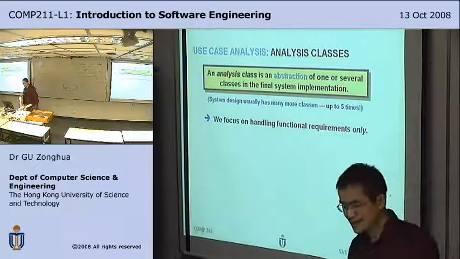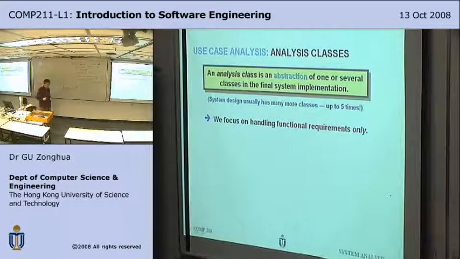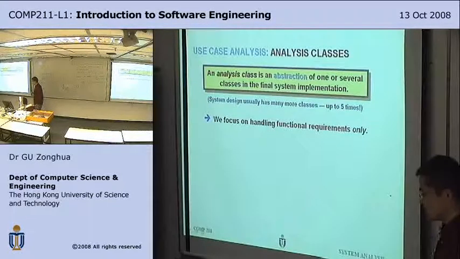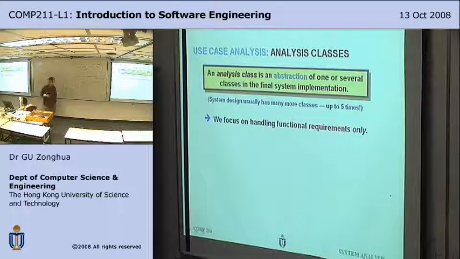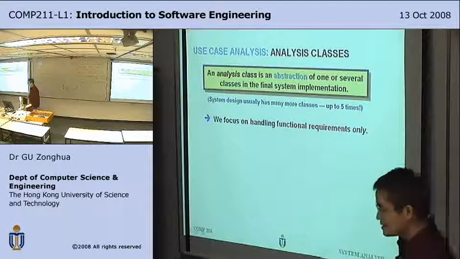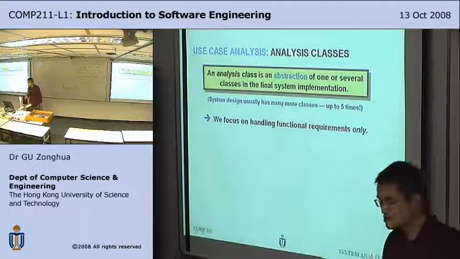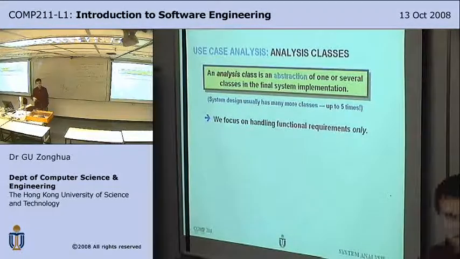So, for example, we may say professor interface as an analysis class to represent the boundary between the professor and the system. It may turn into maybe 20 dialog boxes eventually, with hundreds of classes implementing these dialog boxes in the final code.